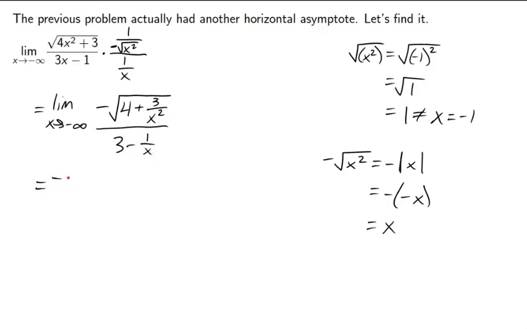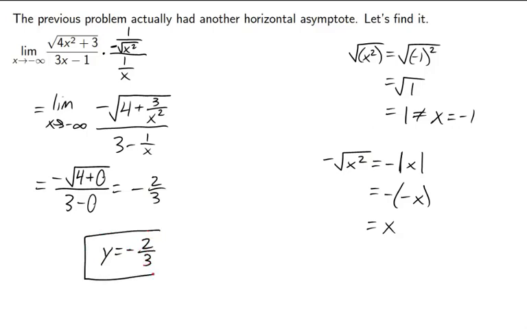Same thing applies as before. We get zeros wherever you've got a number over a power of x. And now, strangely enough, I get negative 2/3. So the other asymptote was y equals negative 2/3. Kind of surprising. This is an example of a function that has two horizontal asymptotes.